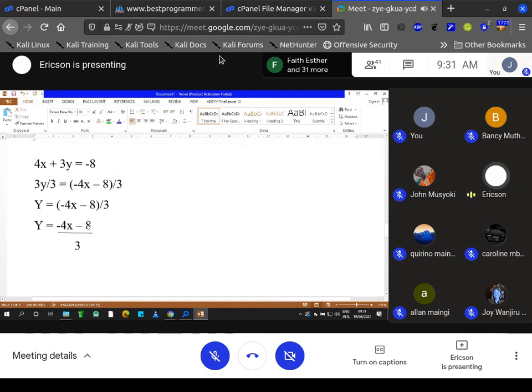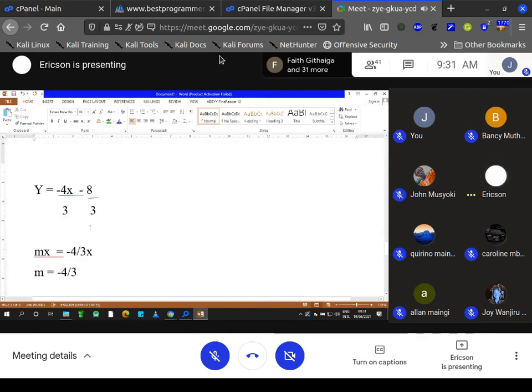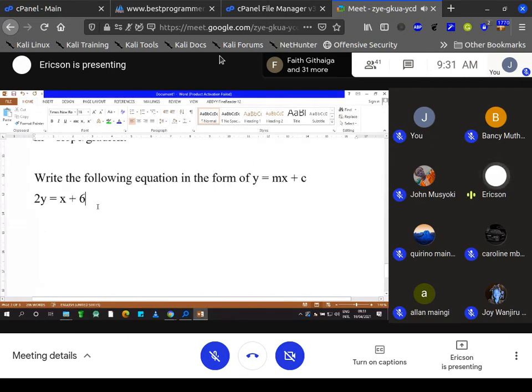We have talked about it. So we can also try it before we look at the next thing. The question is the same. Your answer should be in the form of y on its own on the left hand side, and on the right hand side you should have mx plus c.